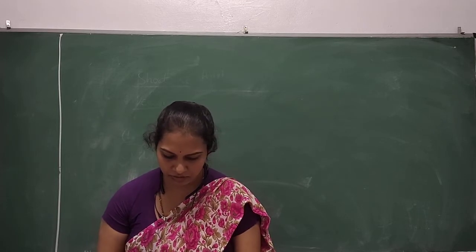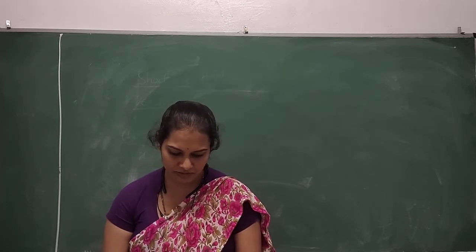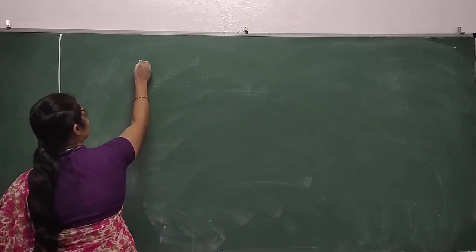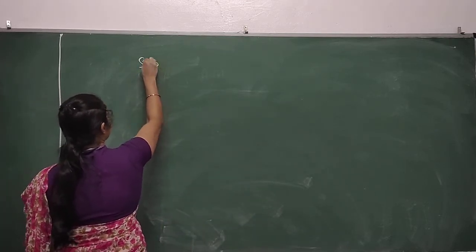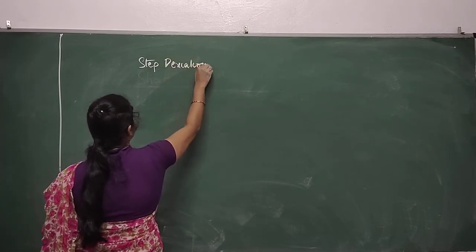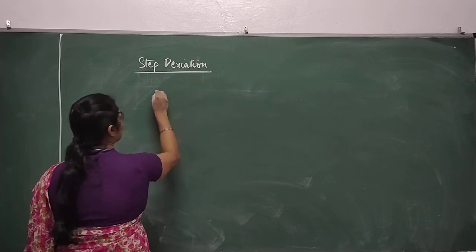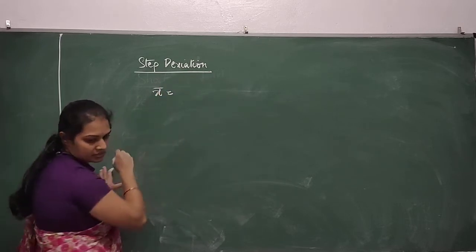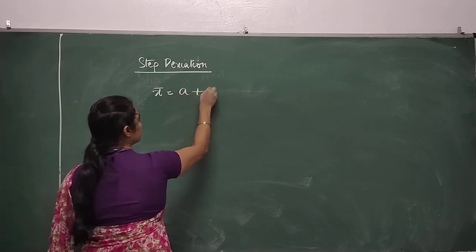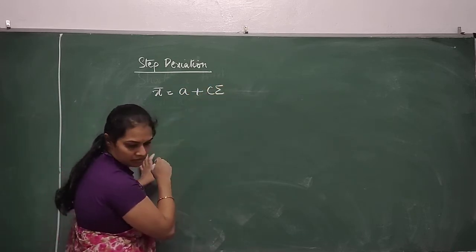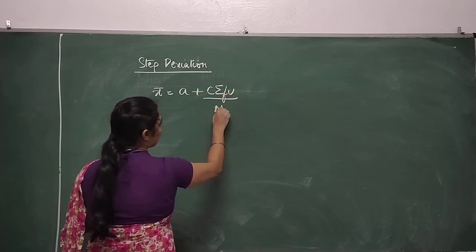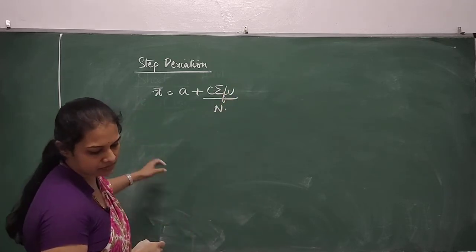Now coming to your step deviation method, the formula is x bar equal to a plus c sigma f u divided by capital N. This is your formula.